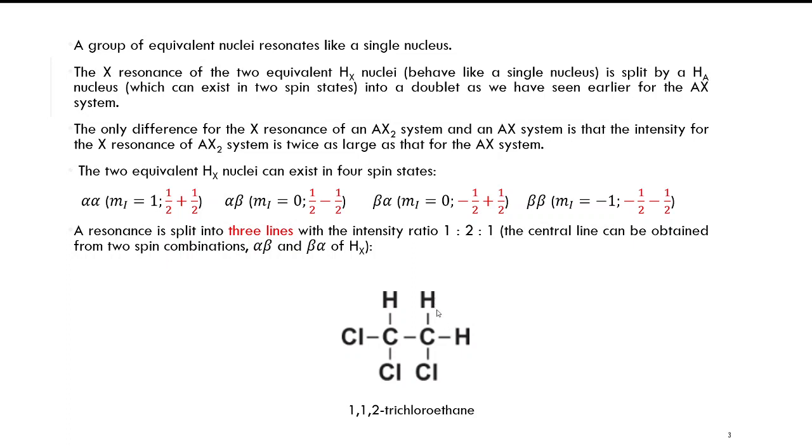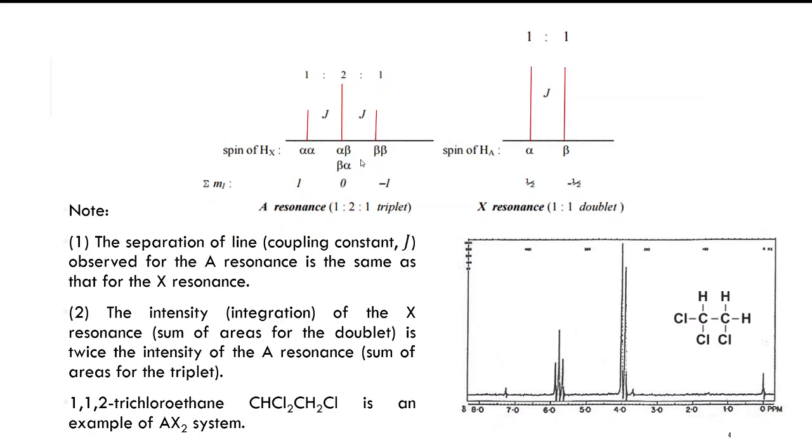Because of the two protons, the central line, the intensity for the X resonance of the AX2 system is twice as large as that of the AX system. So you have the 1:1 here.